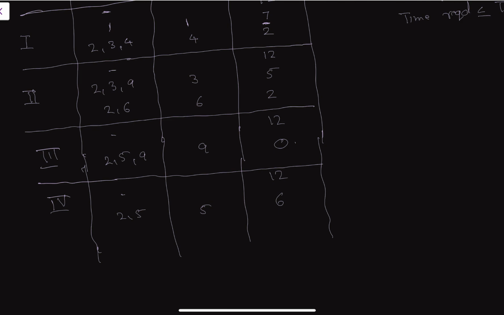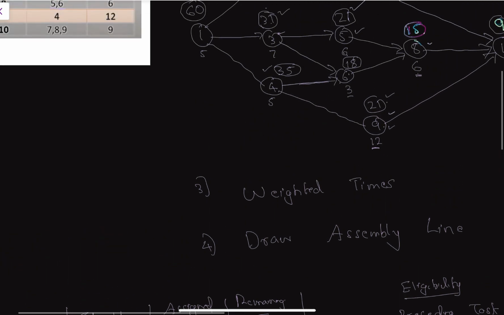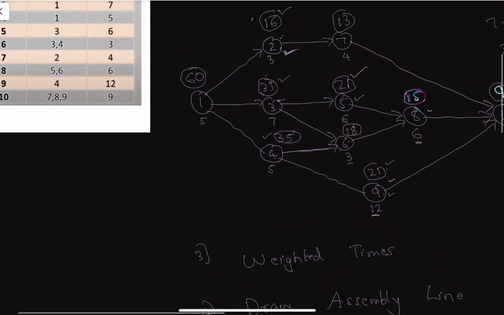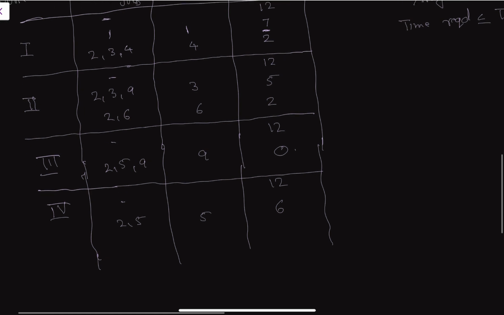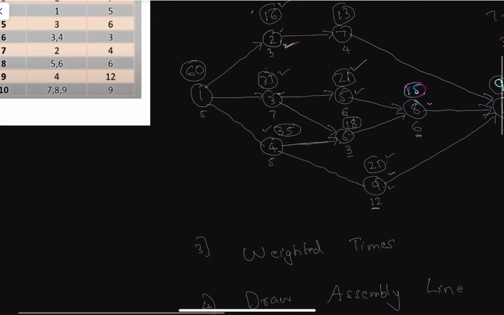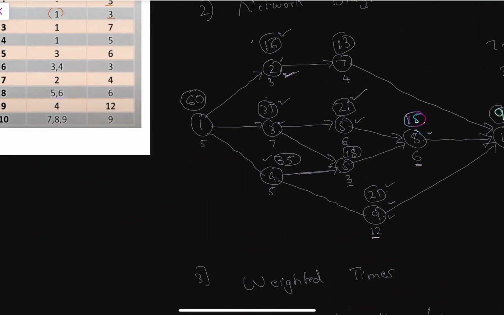Now 5 is completed, so you can do 8 because 5 and 6 are both completed. The duration for 8 is 6, and for 2 the duration is 3. So 2 and 8 are eligible jobs. Out of these you will assign 2, because its weighted time is 16 and for 8 it is 15.